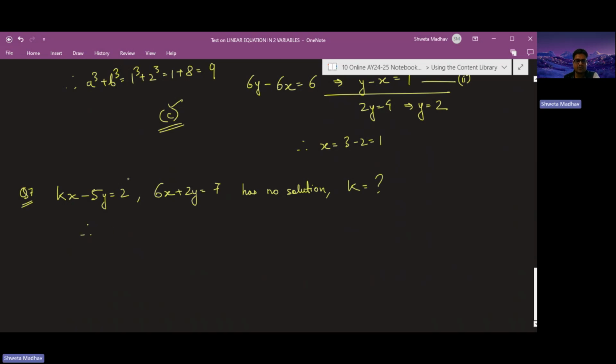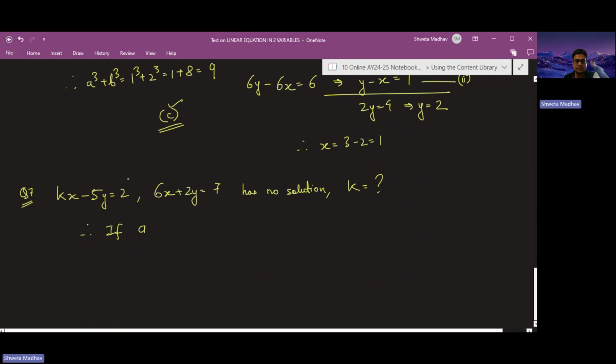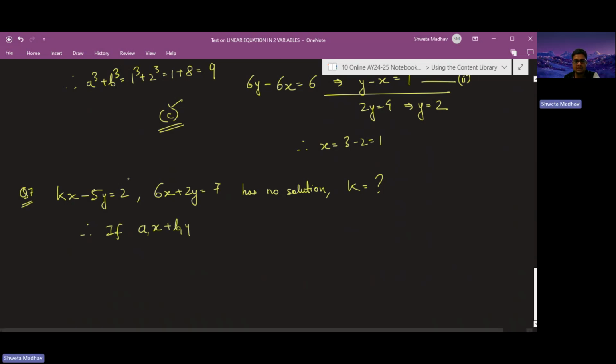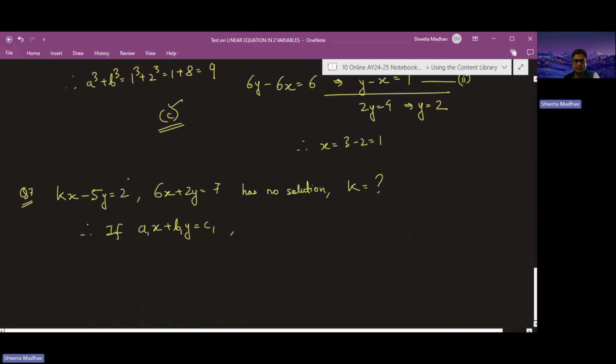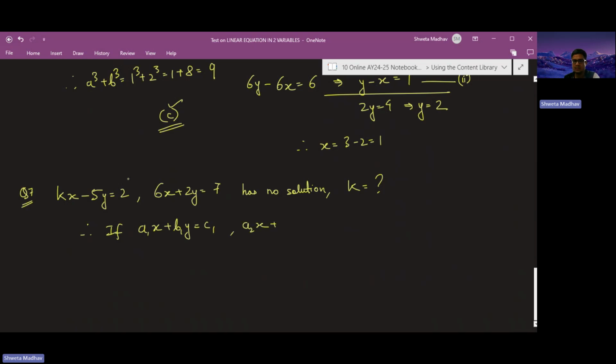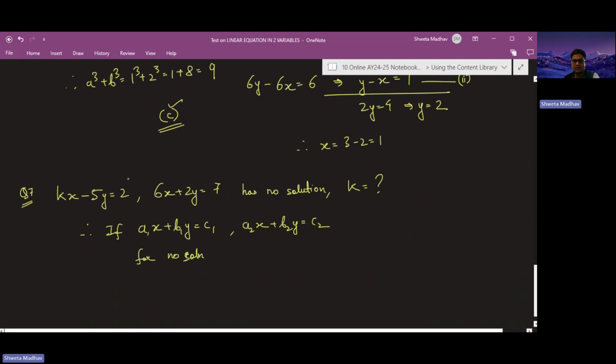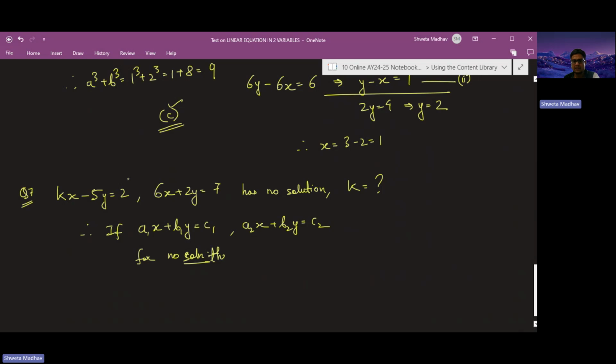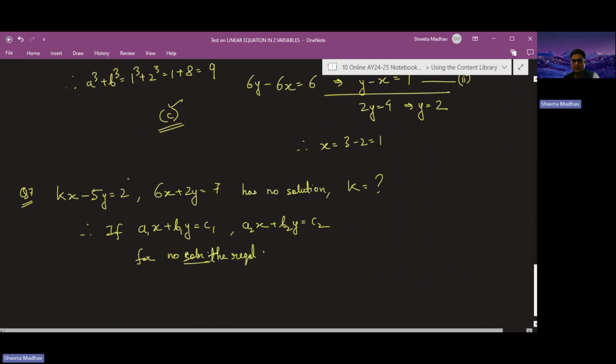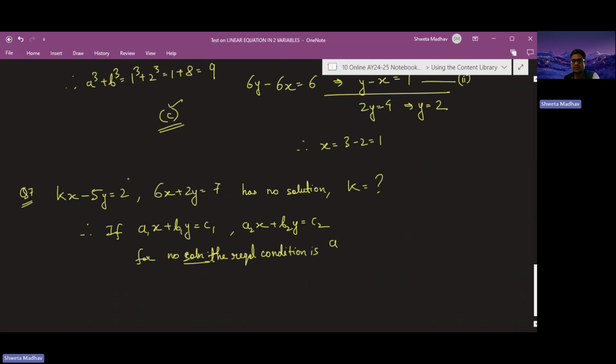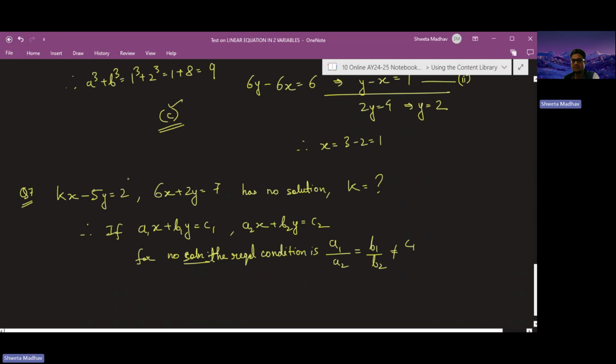So we know that if we have two linear equations a1x plus b1y equals c1, a2x plus b2y equals c2, for getting no solution, the required condition is that a1 by a2 should be equal to b1 by b2, which should not be equal to c1 by c2.